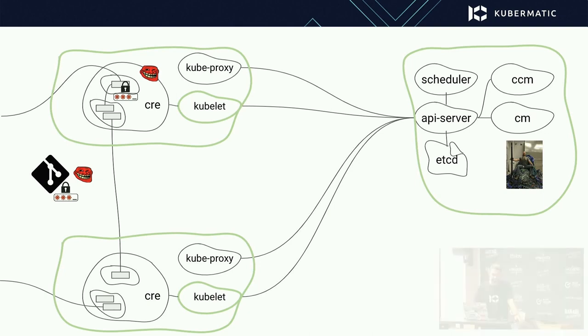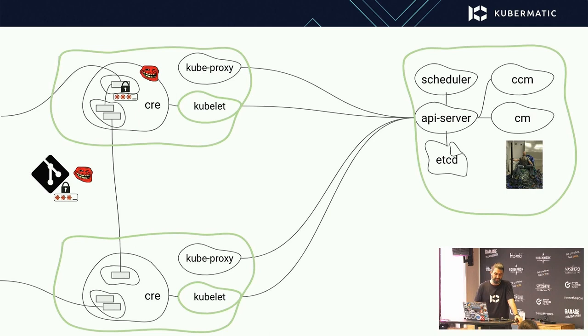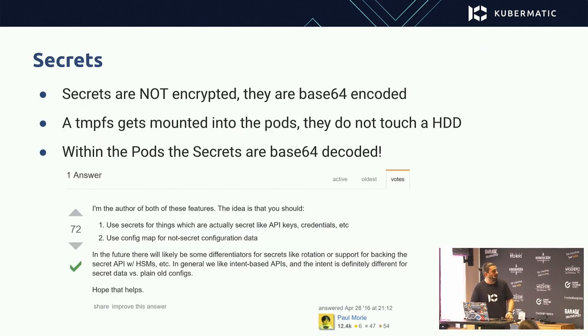They should be at least encrypted, or should not be in Git at all. And Kubernetes secrets, well, the name is nice, but unfortunately they are not really secrets. Maybe you know this Stack Overflow reply.